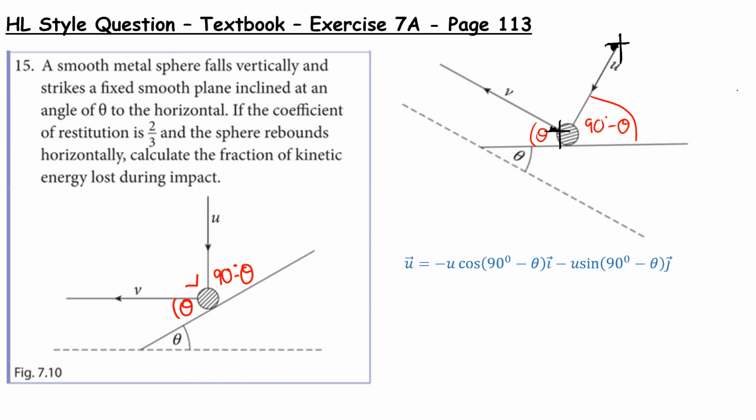However, to simplify that, because that is not particularly nice, we can change and say that, and I'll put it up here, we're going to say the cos of 90 degrees minus theta is actually the same as the sine of theta.